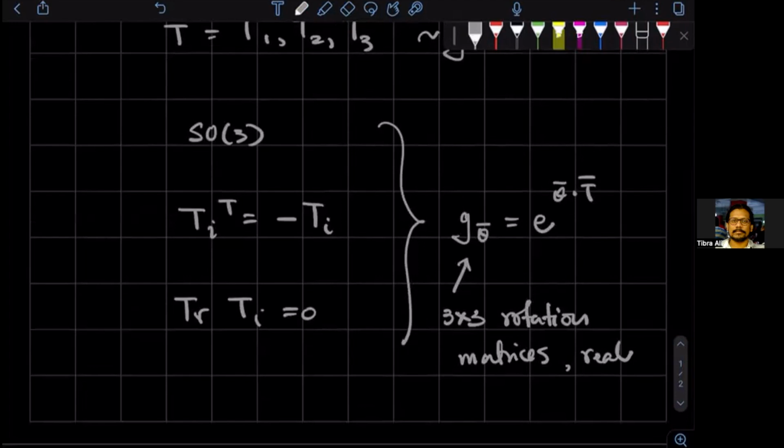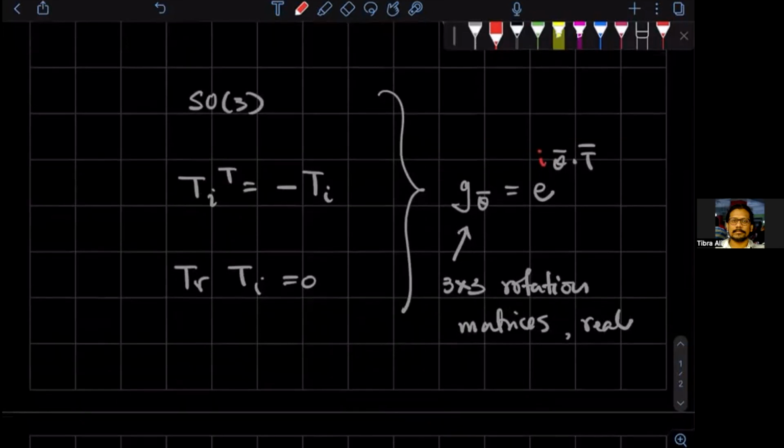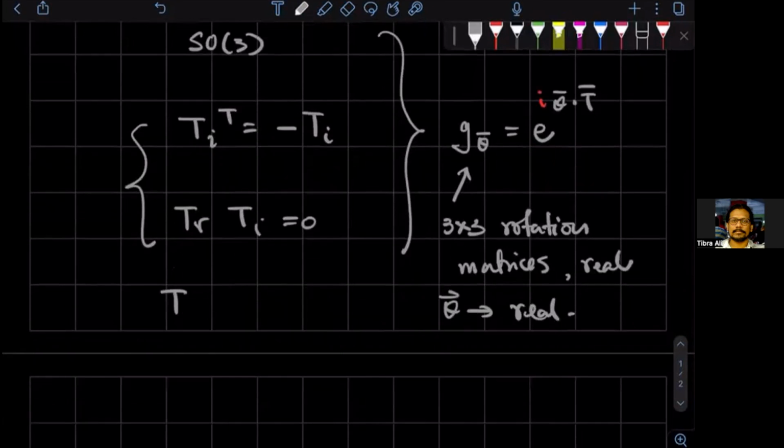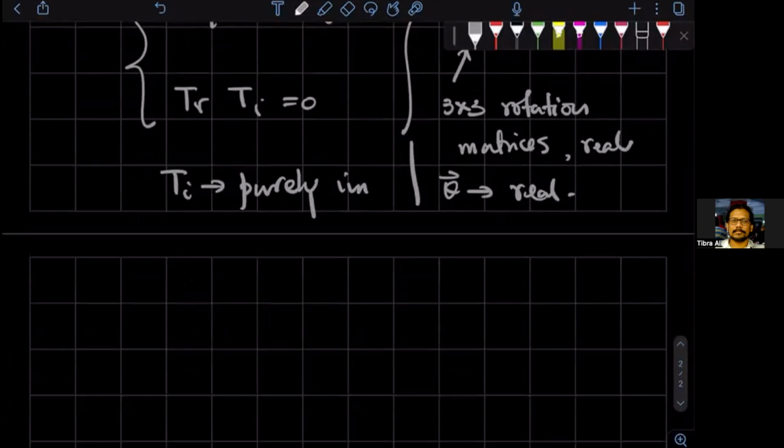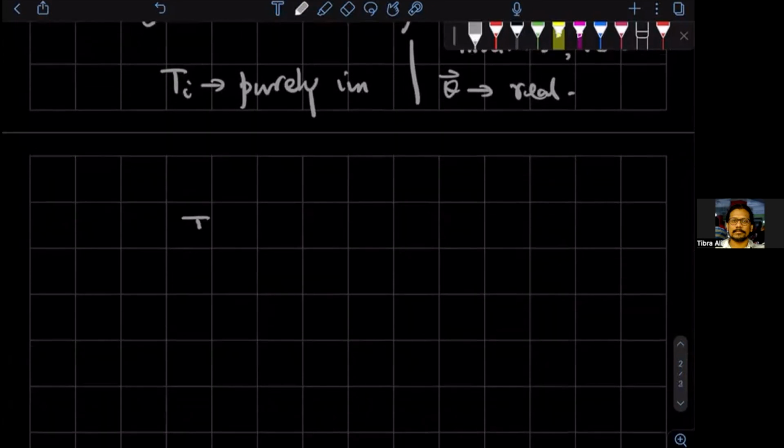So if I introduce an i here, but I keep theta real, then in addition to these conditions, Ti is also purely imaginary. And Ti can be given by, I think I gave you that, epsilon.